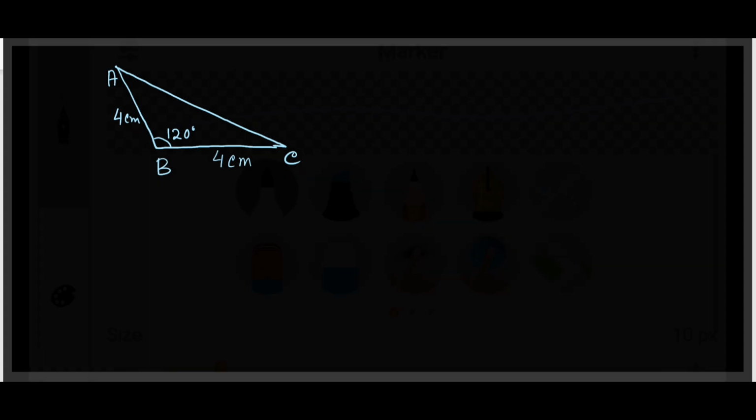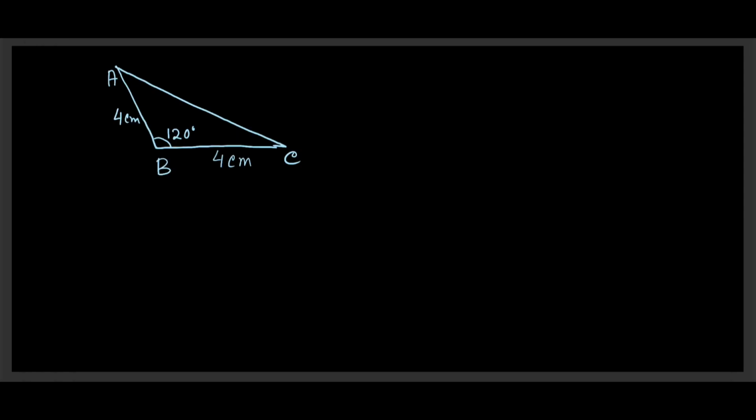Now we can construct a line which is equal to BC from this extended CB and join to point A, and let this point be M. So by construction, AB is also 4 centimeter, and clearly these two angles are a linear pair, so this angle must be 60 degree, and this side is equal to this side, so these angles must also be 60 degree.